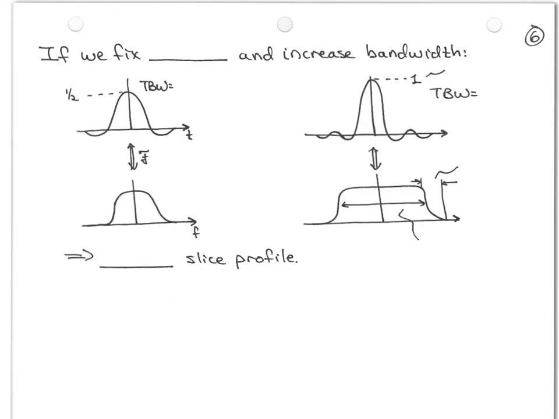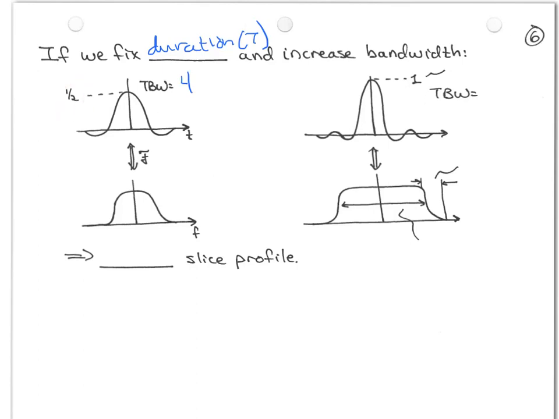Now conversely, what happens if we fix the duration, which again is capital T, and we increase the bandwidth? On the left-hand side we again have a time bandwidth of 4, and let's say that the amplitude of our pulse is 1/2.